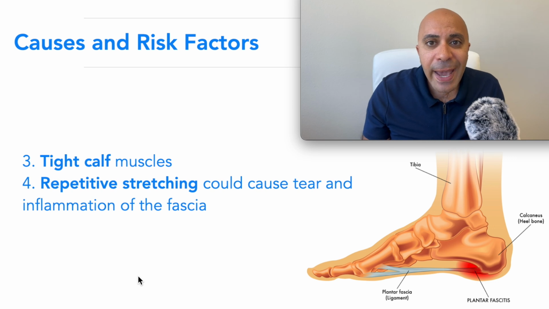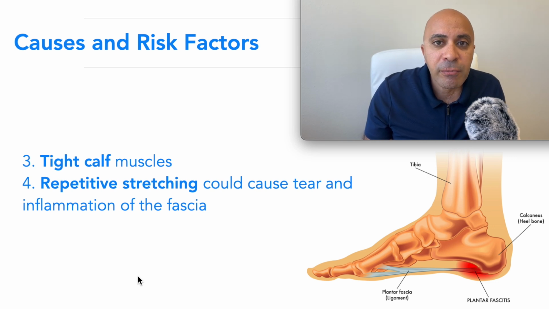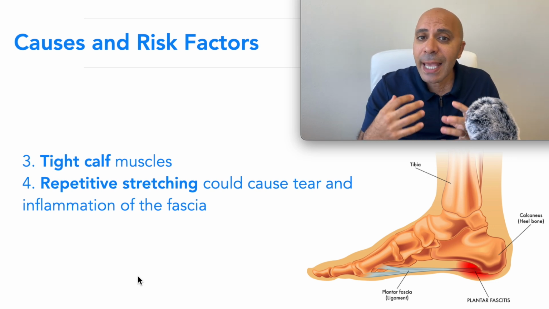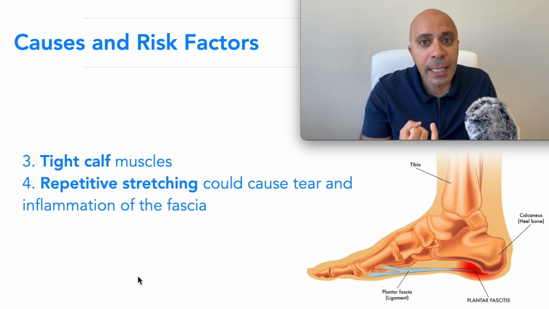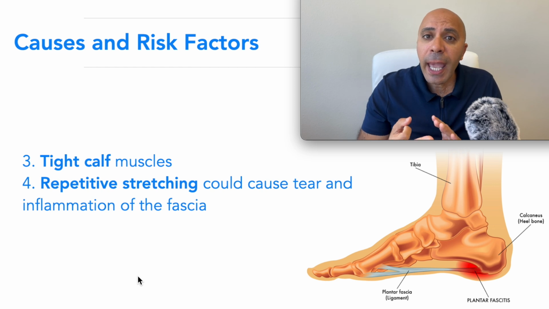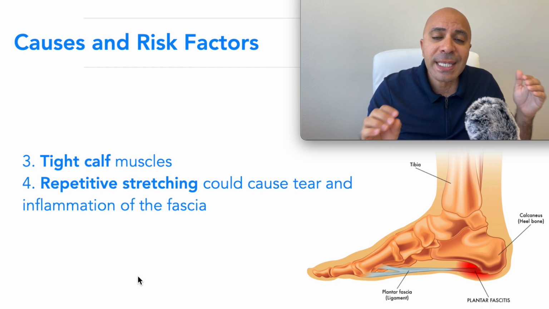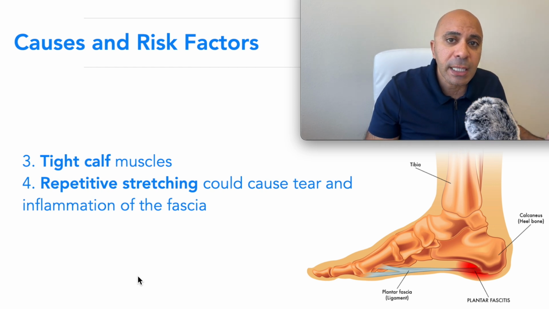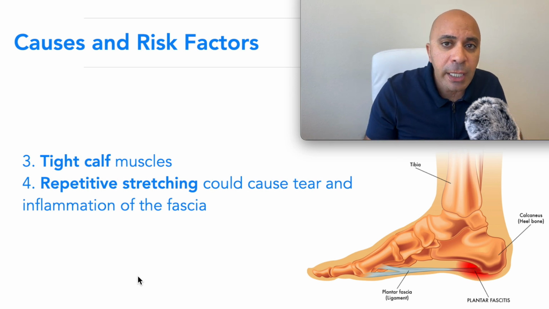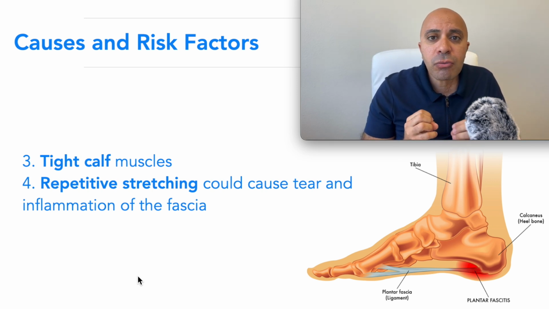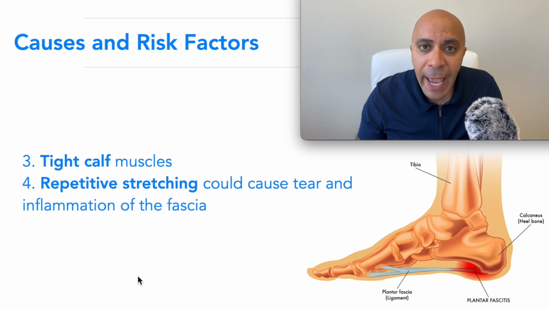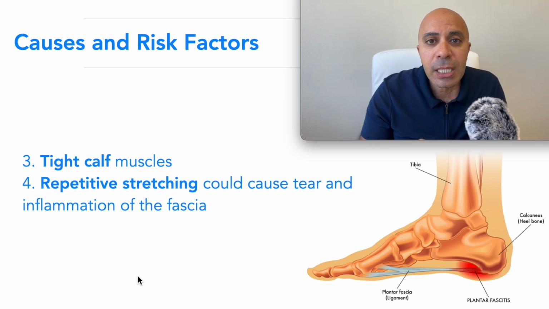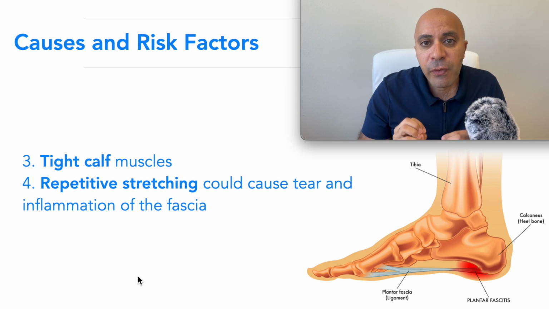The third factor is tight calf muscles, and usually that happens when you wear high heels, bad shoes, and also, back to the second cause, abnormal gait. So if you walk funny or you walk incorrectly, you will cause tightness in your calf that will lead to plantar fasciitis.